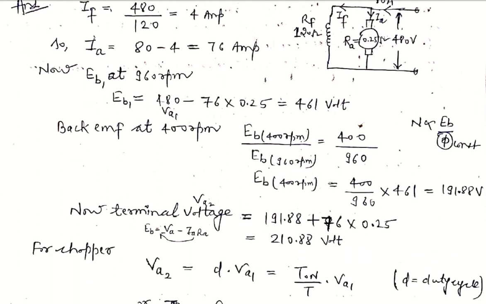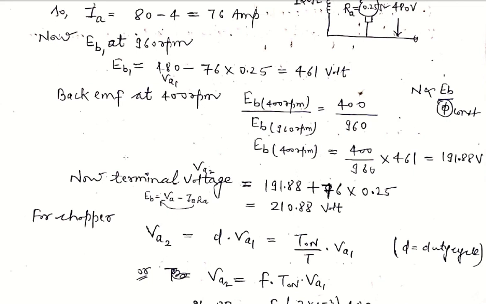Now the terminal voltage at the motor terminal can be calculated as V equals Eb plus Ia Ra, that is 191.88 plus 76 times 0.25, so the new terminal voltage is 210.88 volt.